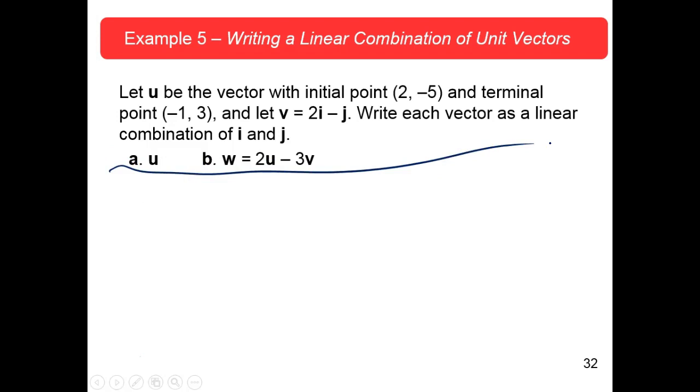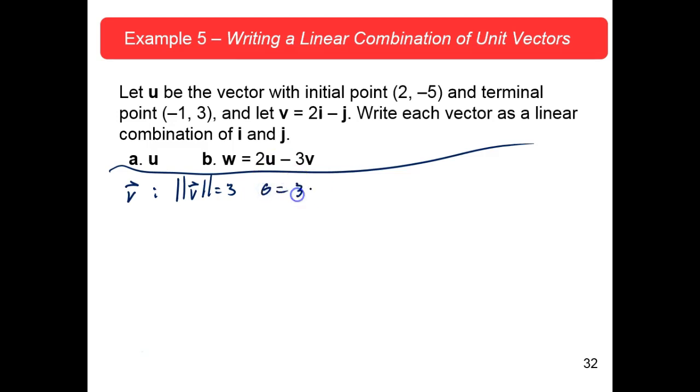The vector v has magnitude 3, which means the magnitude of vector v is equal to 3, and makes an angle theta equal to 30 degrees.